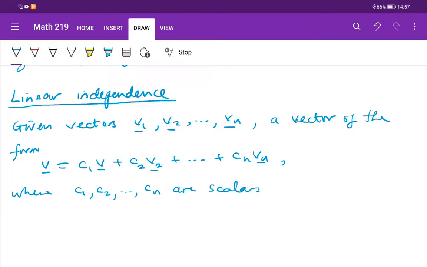Scalars, for us, we'll typically think of complex numbers. We call them scalars to distinguish them from vectors.